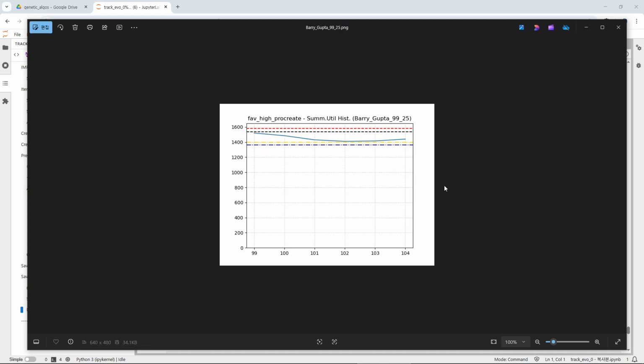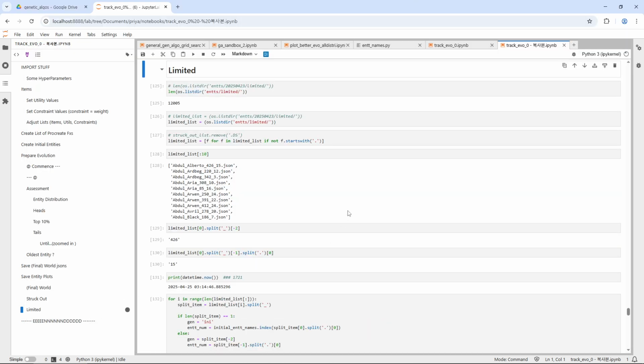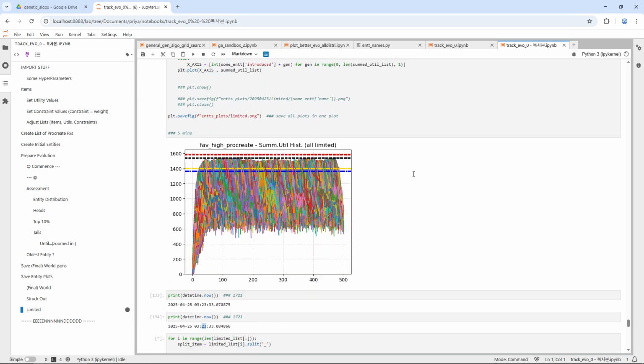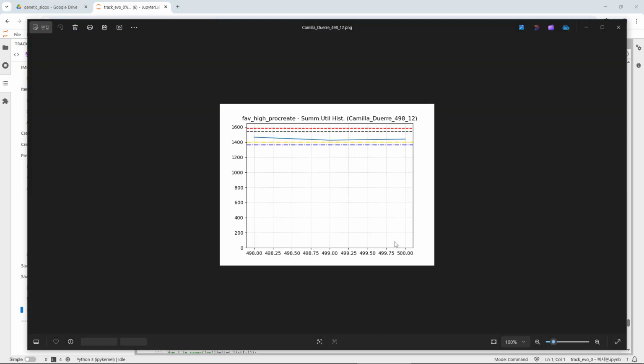Well, looking at these plots does give me some hope. But I know that when this notebook finishes saving all the plots for the limited out entities, I'll be very depressed. Well, kind of depressed.